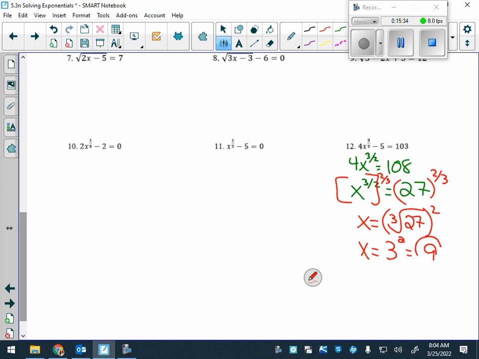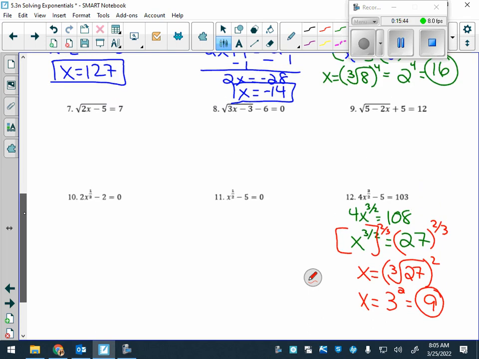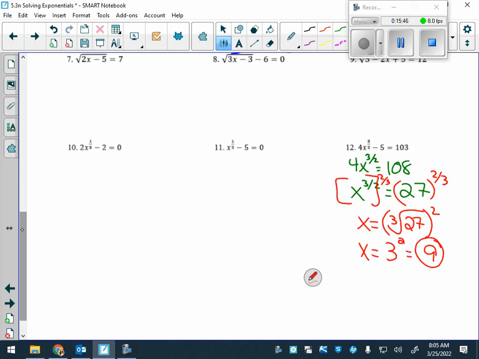9. Excellent. Okay. So one thing about rational exponents, when you're raising it, if this bottom number was even, what would you have to include?